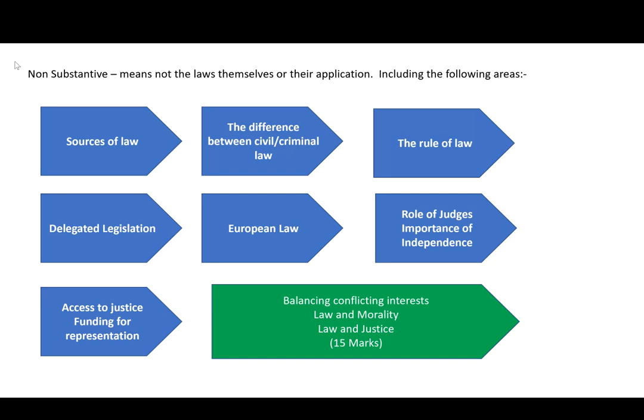Sources of law, the difference between civil and criminal law, the rule of law and its principles, delegated legislation, how it's made and how it's controlled, sources of European law, the role of judges and the importance of the independence of the judiciary, access to justice and funding for representation, and the three big areas are balancing conflicting interests, law and morality, law and justice, which are covered in question 9 and are worth 15 marks.